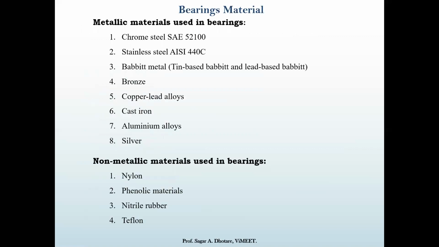These are the best materials preferable for bearings, which we have listed in a metallic segment and a non-metallic segment. In the metallic segment: chrome steel SAE 52100, stainless steel AISI 440C, then babbitt, which is more used, where you can use tin-based or lead-based babbitt, then bronze, copper-lead alloys, cast iron alloy, aluminum alloys, and silver.